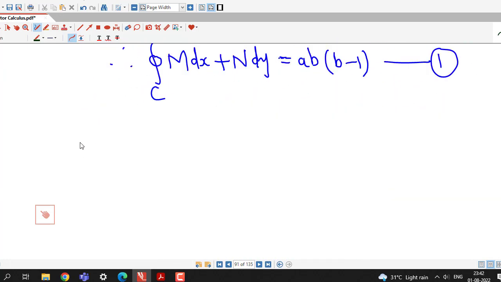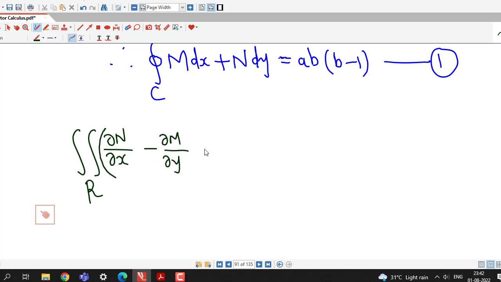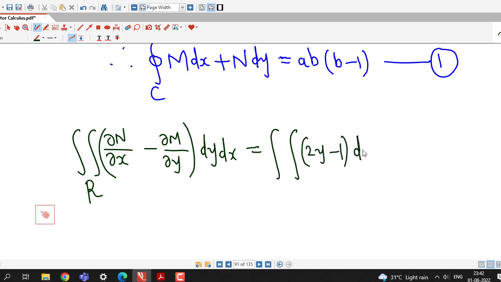So now we evaluate that double integral over r del n by del x minus del m by del y. Suppose we decide to integrate with respect to y first, then this is equal to double integral over 2y minus 1, which we just computed, dy dx.